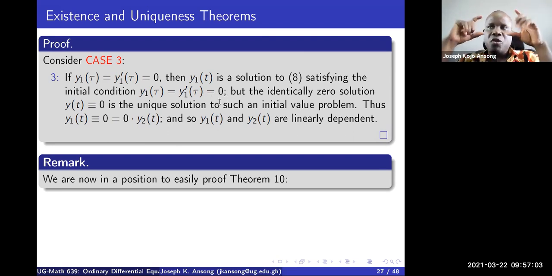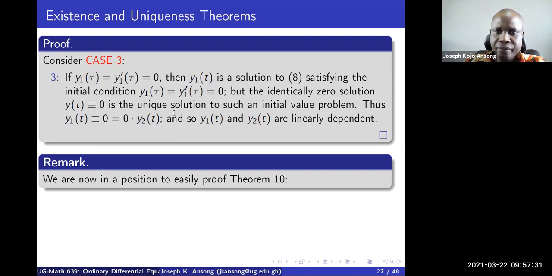So you have a solution to the homogeneous equation, and the initial conditions are the 0 conditions. Remember that we said that if you have the homogeneous equation and the initial conditions are all 0, then the only solution is the identically 0 solution.